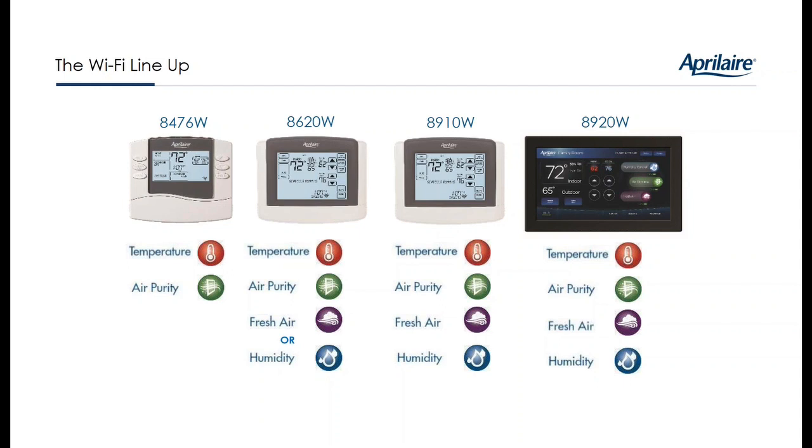Then the 8910W, this gets us into our 2-piece thermostats. We'll talk about that a little bit more later. Because you have the separate module, the equipment control module, as half of this 2-piece thermostat, we now have dedicated relays so you can control each of our IAQ products. And then finally, our flagship Wi-Fi product, the 8920W, same features as the 8910W, but you have a much larger 7-inch full-color touchscreen interface.